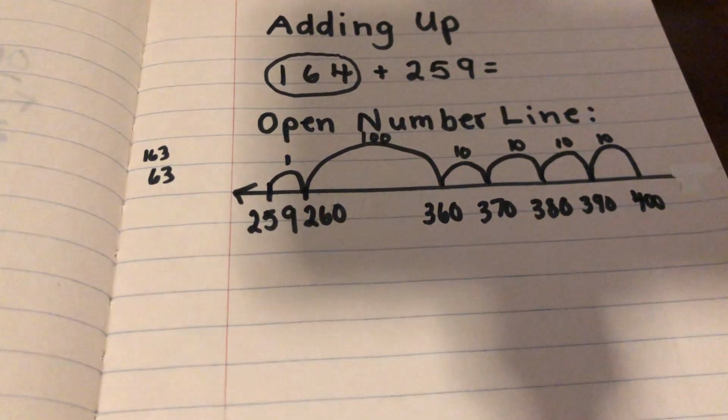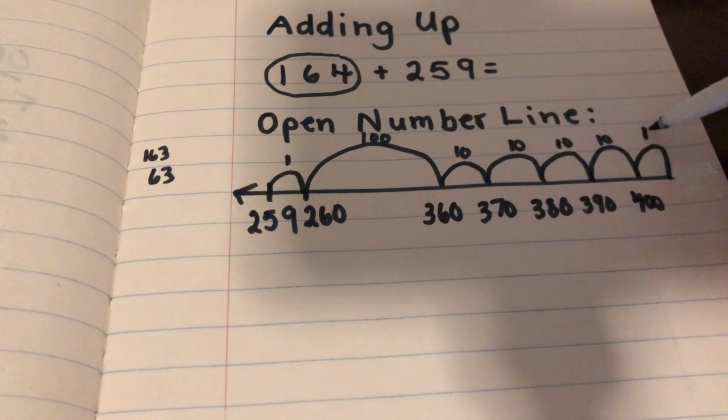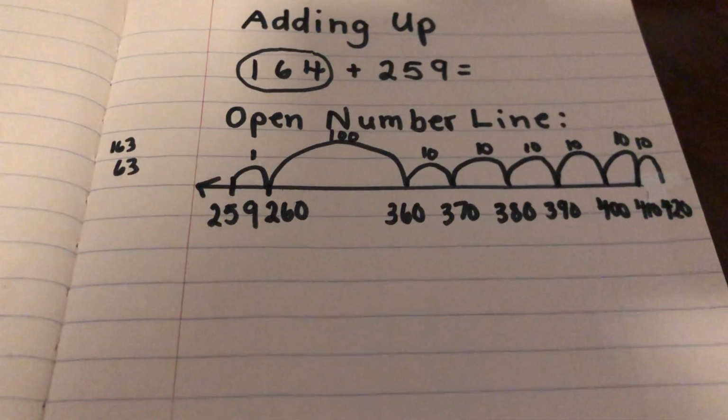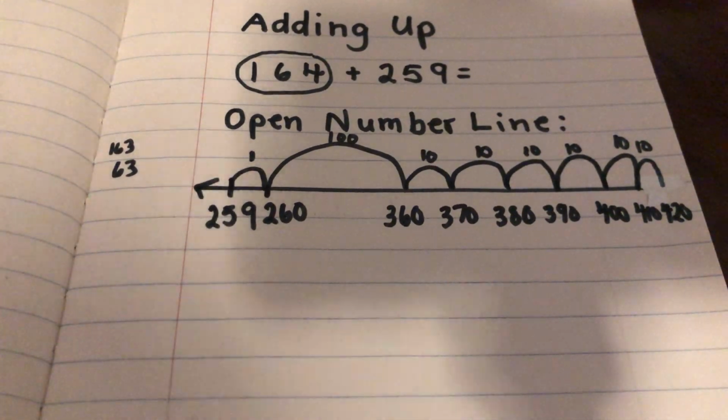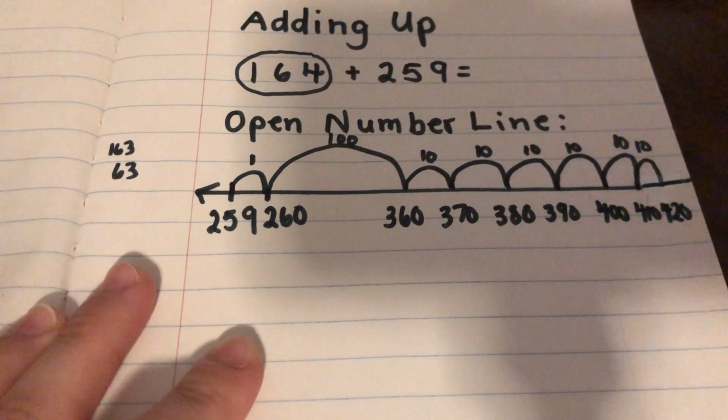All right. So I have 4 jumps of 10. I need 6 jumps of 10. So this is 410. And here we go with 420. So now I have my 6 jumps of 10.